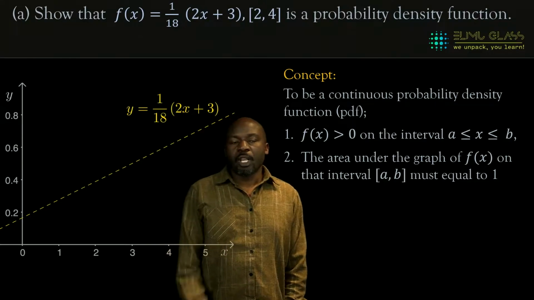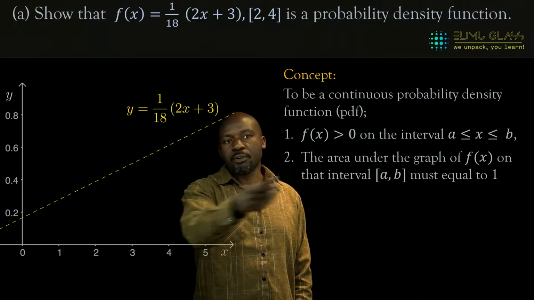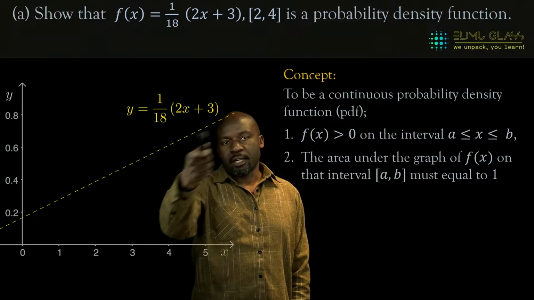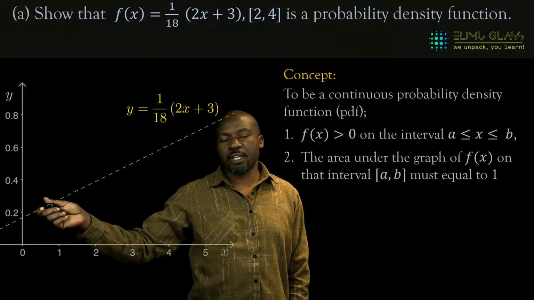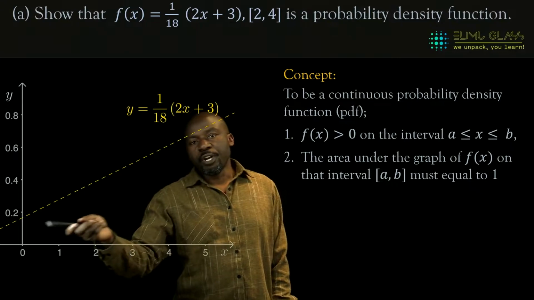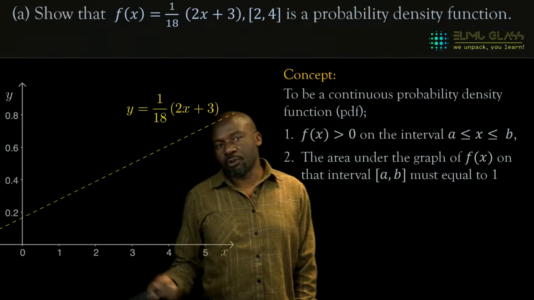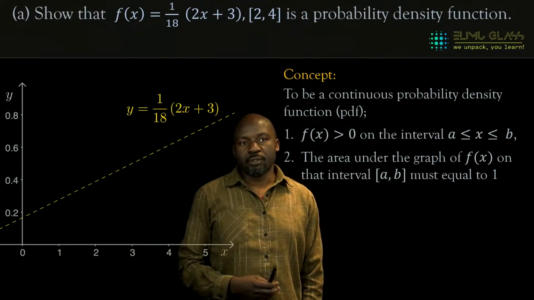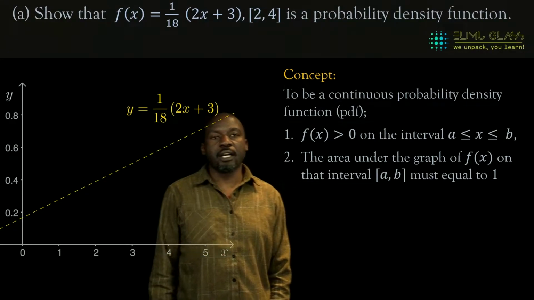So the first one, it might appear within the locality that the graph is above the x-axis, and so that first condition should be met, except that we know, since the function is not restricted, meaning that it extends to infinity on the negative side and to infinity on the positive side, we know that somewhere beyond the 0 there, the graph is going to cross the x-axis and be on the negative side. And that already causes this to be disqualified on the basis of the first condition there.